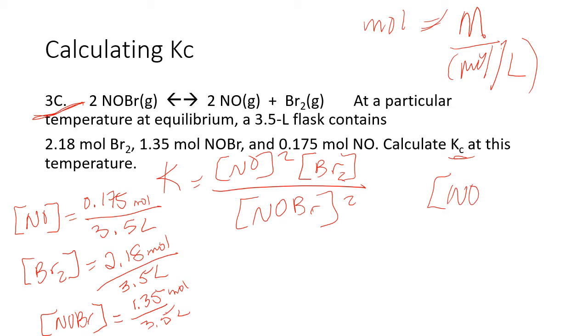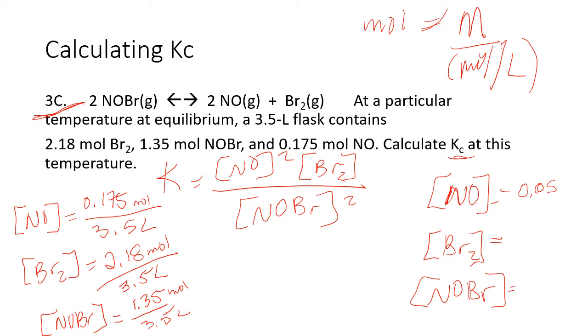So concentration of NO, Br2, and NOBr. If I do my calculations in my calculator, 0.175 divided by 3.5, the concentration here is 0.05 molar. 2.15 divided by 3.5, I've got 0.623 molar.